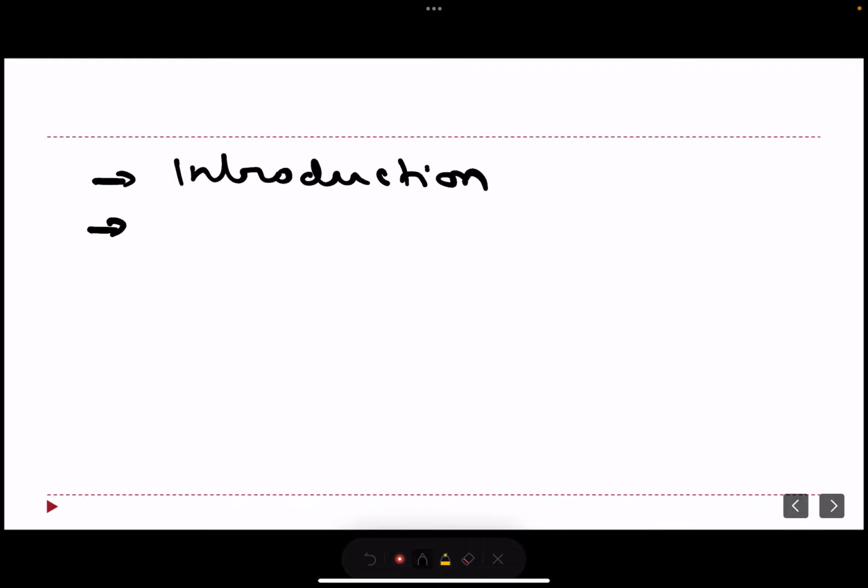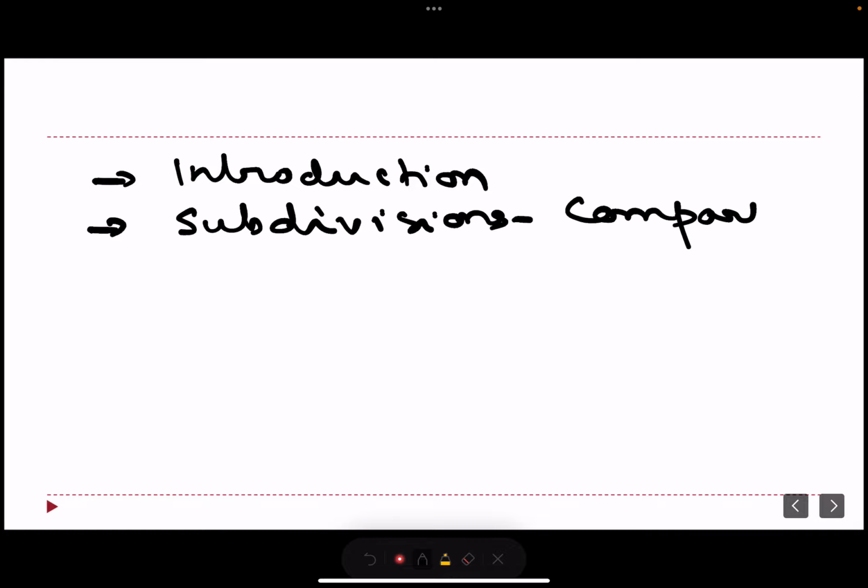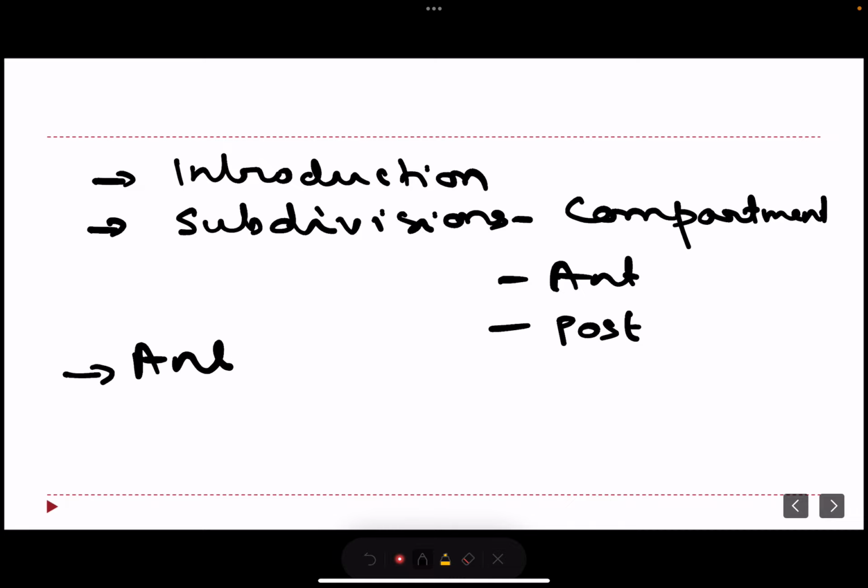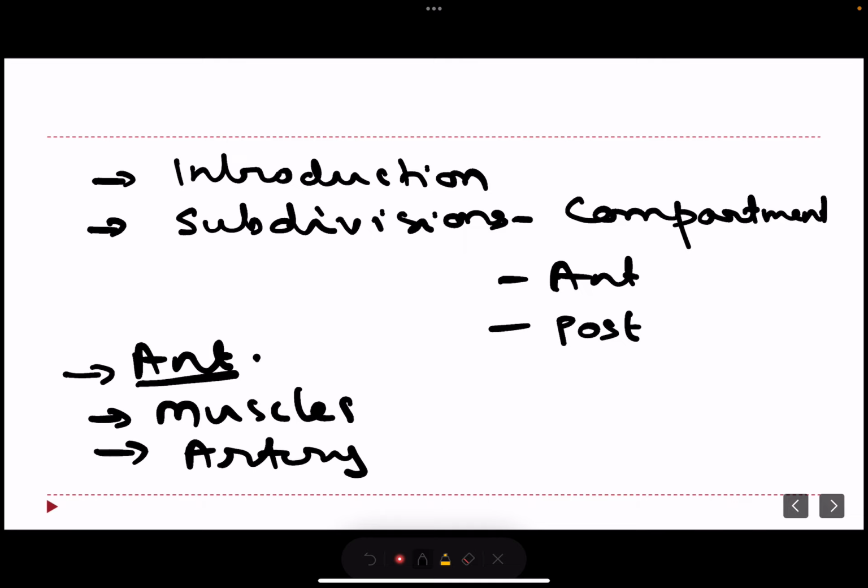And I told you about the subdivisions of the arm, meaning the compartments of the arm, the anterior and the posterior compartment, and we chose to discuss the anterior compartment of the arm, where we know there are muscles, an artery, veins, and nerves.